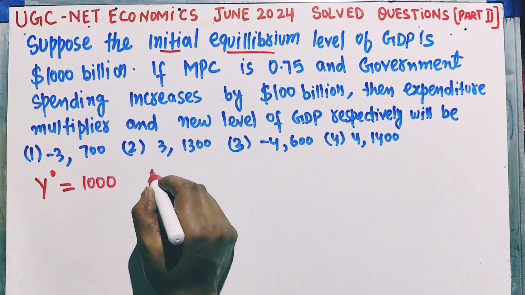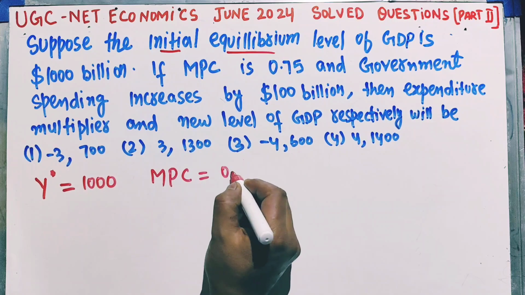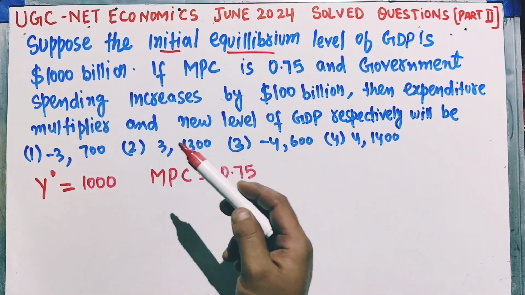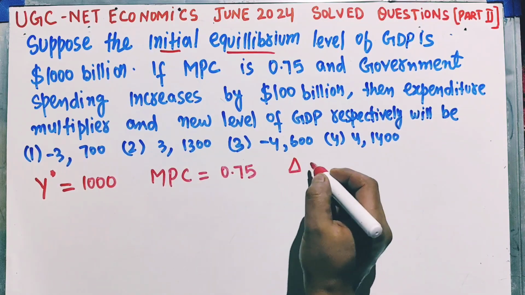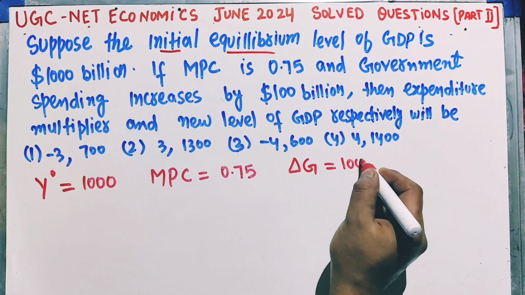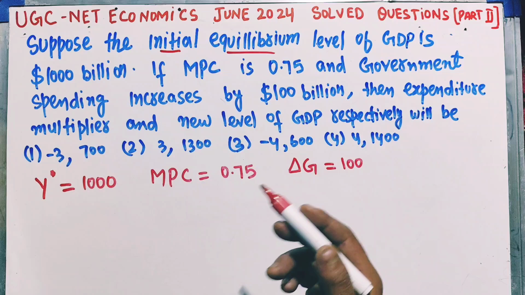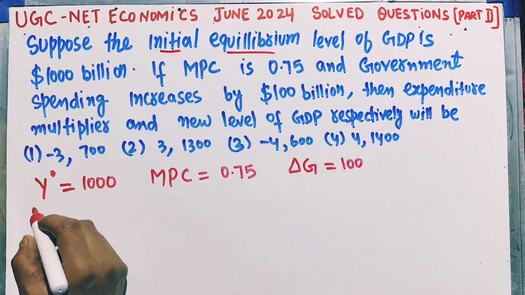Also we are told that marginal propensity to consume is equal to 0.75 and government spending increases by 100 billion, that is, the change in government spending is equal to 100 billion. We need to find out the expenditure multiplier and new level of GDP. Now what is the formula for expenditure multiplier?